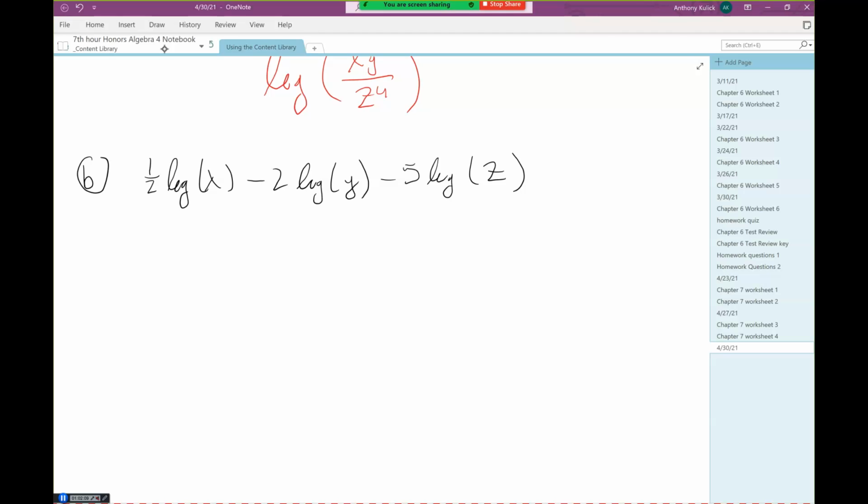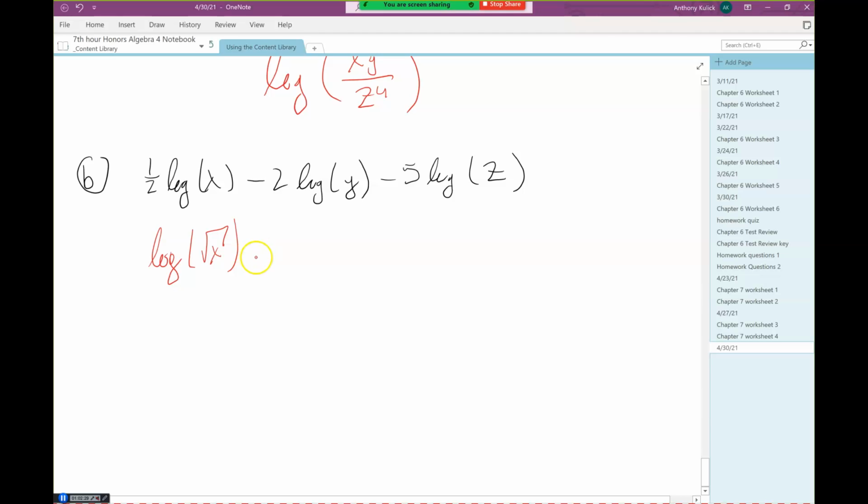But all right. First things first is power properties. I see 3 powers going on, right? So x to the 1/2 is the same as the square root of x. I'm going to leave the negative signs there.